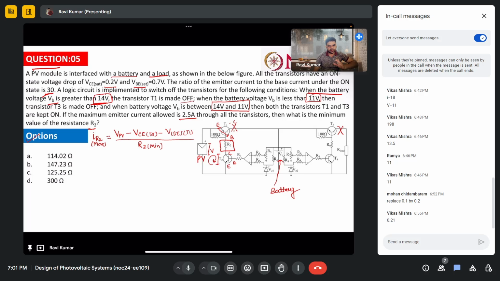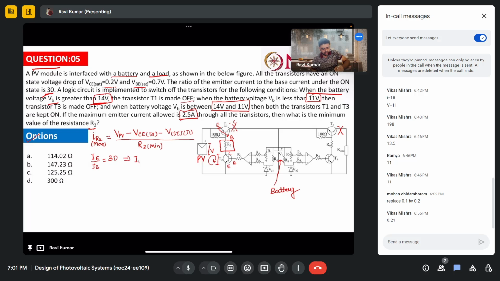Then what is given? It is given that the current through the transistor can be maximum 2.5 ampere. Where is it given? It is given here. And also a ratio is given: IE by IB, the ratio given is 30, and this emitter current is given as 2.5.